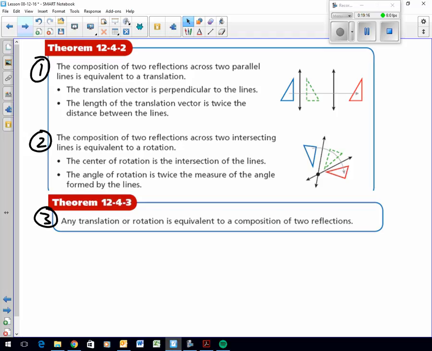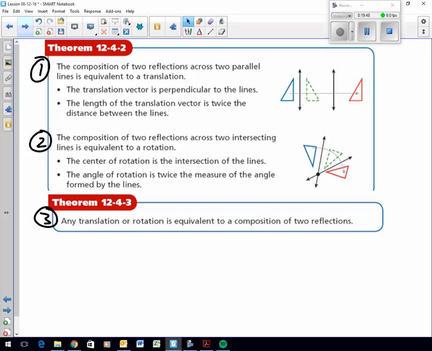Next. Why are you not writing this down? Number 2: the composition of 2 reflections across 2 intersecting lines is equivalent to a rotation. If I reflect blue to green, green to red, it's the same thing as if I had rotated blue to red.